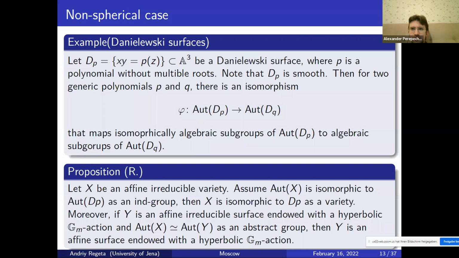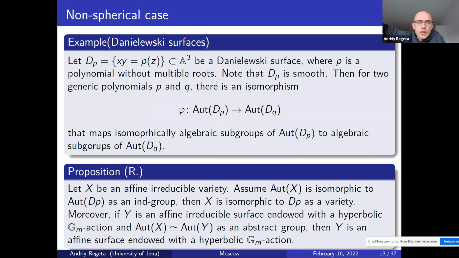I wanted to ask, is it true that these Danilevsky surfaces are not isomorphic for different p and q? This is a good question. They are not. dP and dq are isomorphic if and only if there exists an algebra isomorphism from C[z] to C[z] which sends p to q.